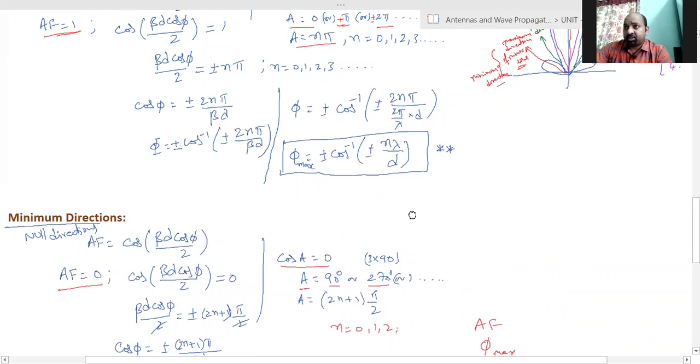With this we have completed the two element array, and now I will take an example.